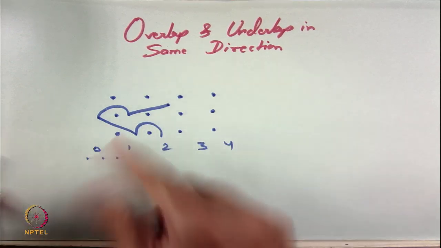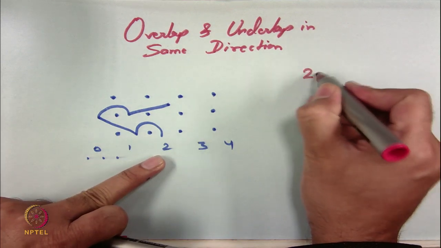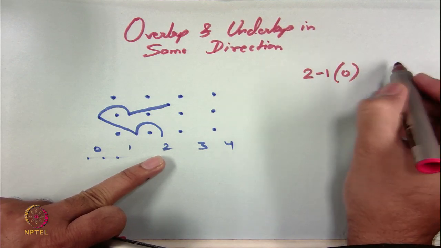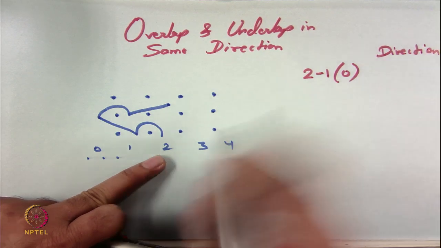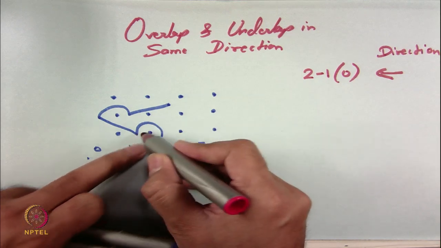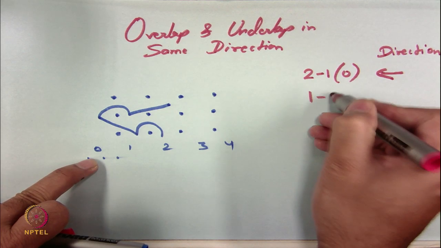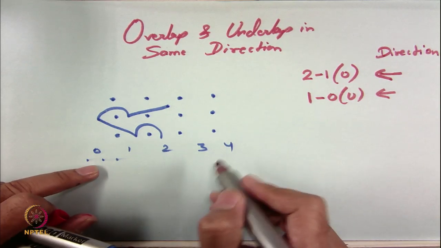If you note down its lapping plan, it started from 2 to 1, which is overlap, and if you see the direction, 2 to 1 is left direction, and after finishing overlap it is doing underlap from 1 to 0 position, which is also in the same direction.